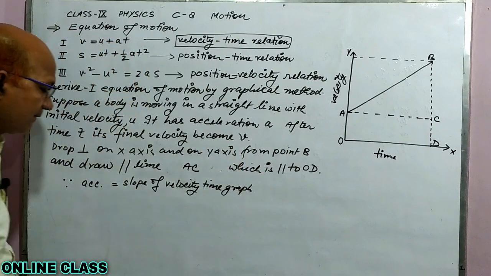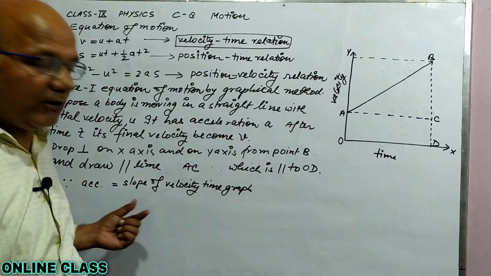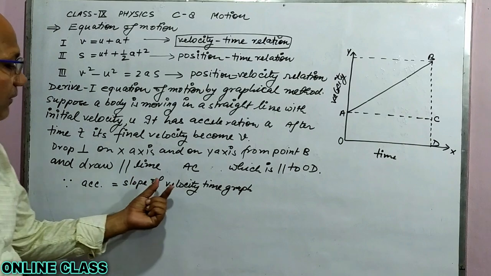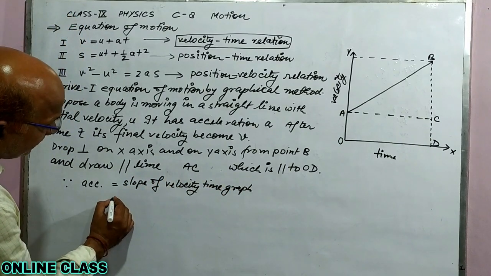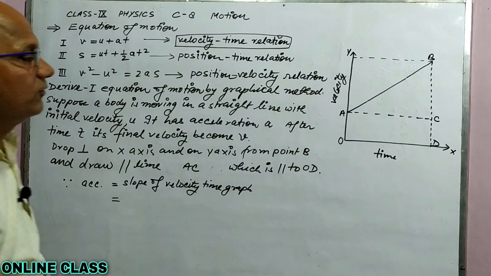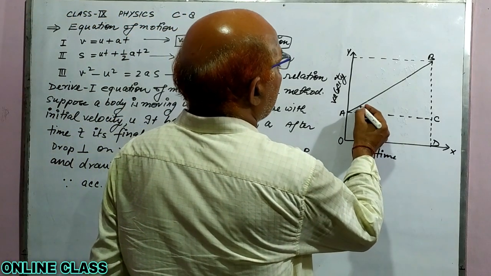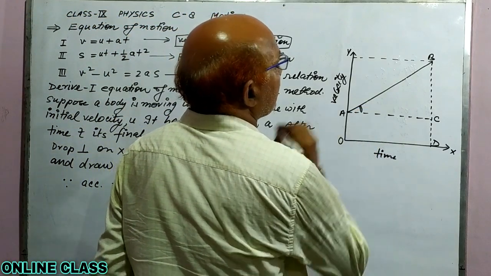Okay, acceleration of the body is equal to slope of velocity time graph, and slope means angle with the x axis, this one.